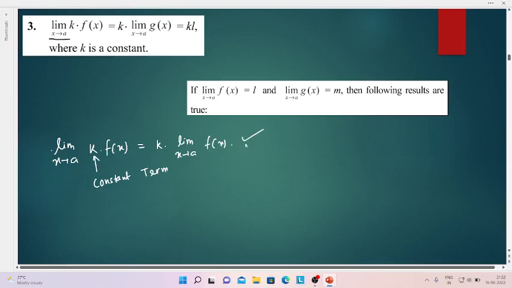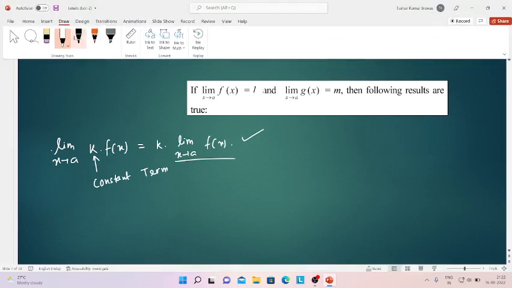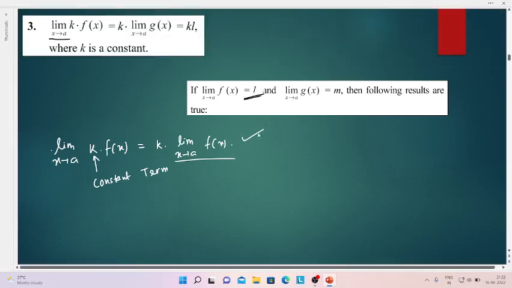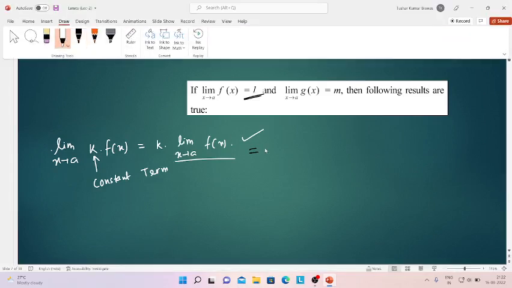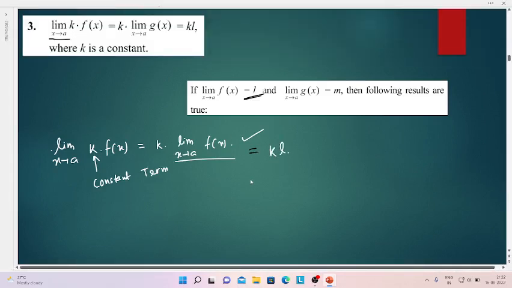You can understand, right? This is the formula, and we know the limit as x tends to a of f(x) is nothing but L. So that will become k times L. Let's take an example. Suppose the limit as x tends to 2 of 5x squared is given to you. Since 5 is a constant term and the function is x squared, we can move this 5 outside of the limit.